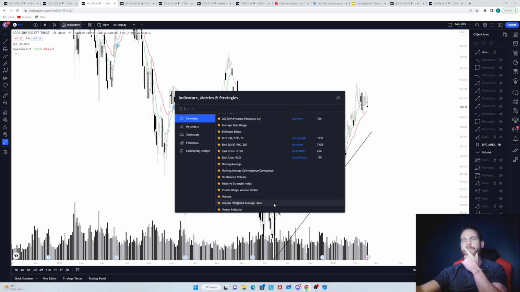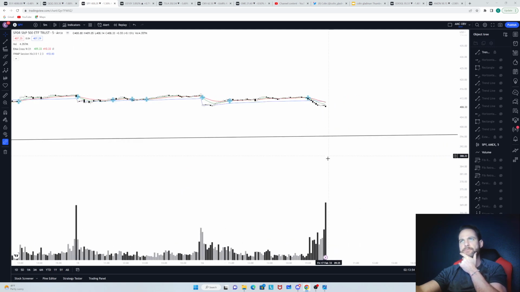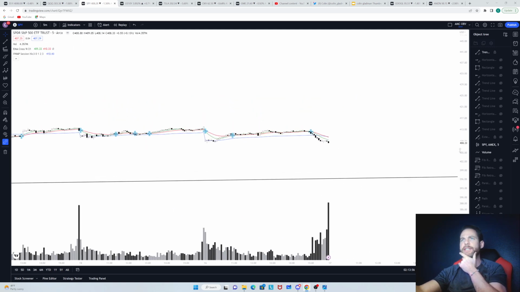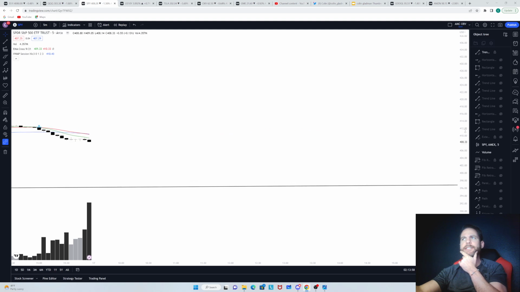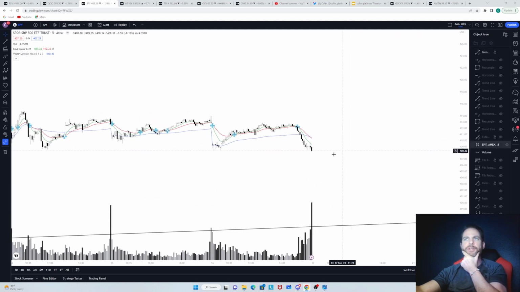And then, of course, volume is up there. The VWAP, volume weighted average price, I use for intraday trades. The easiest dummy way to explain it is above VWAP is bullish, below VWAP is bearish.